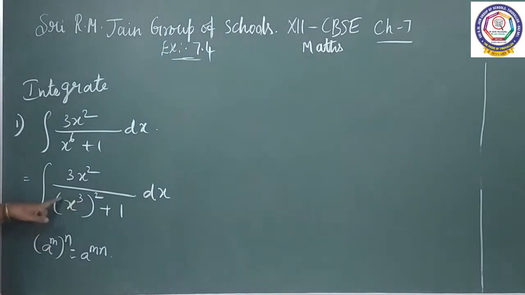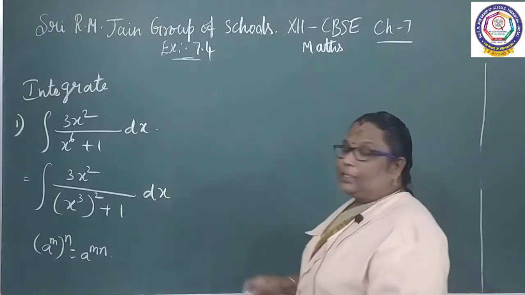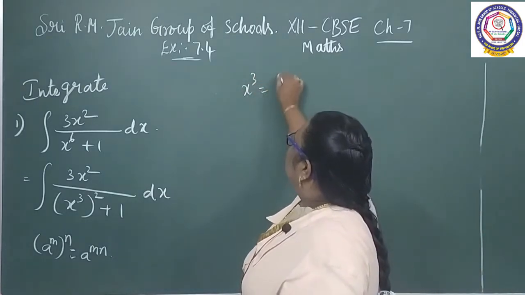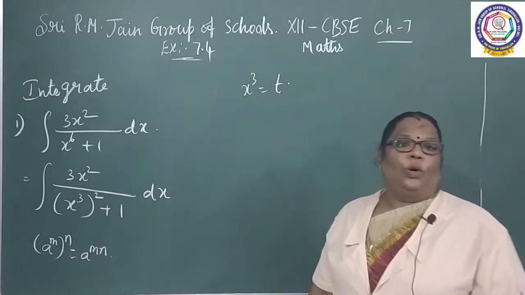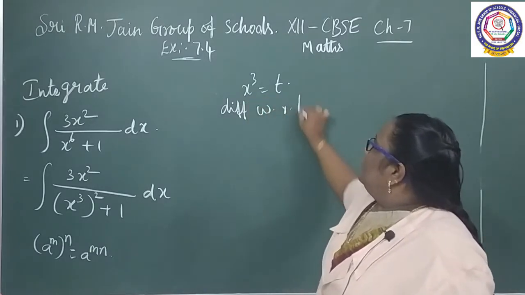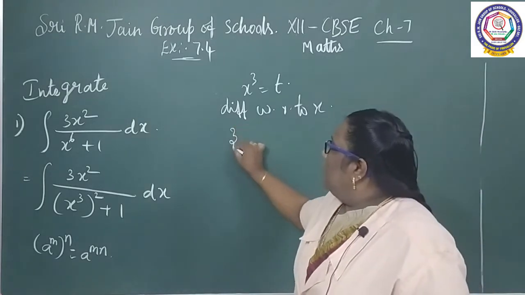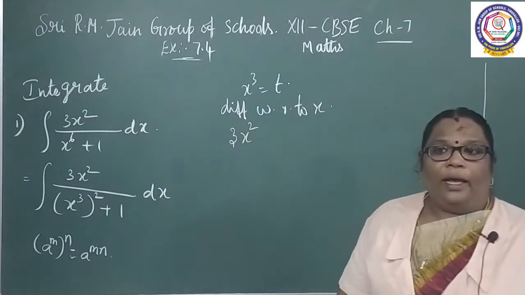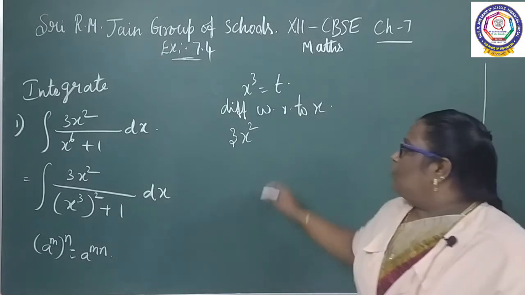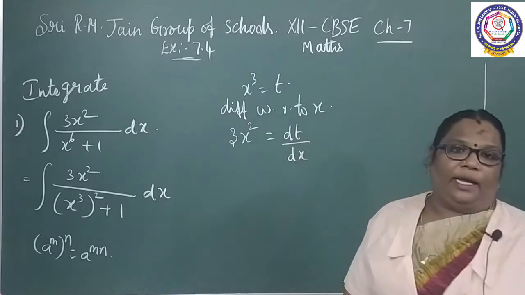The derivative of x cube is 3x square. If the terms come like that, you can take x cube equal to t. Differentiate with respect to x: x cube becomes 3x square, using n into x power n minus 1, so 3x square equals dt by dx.